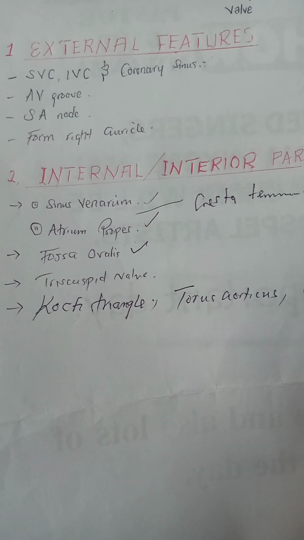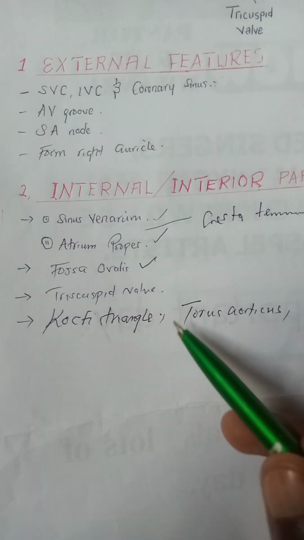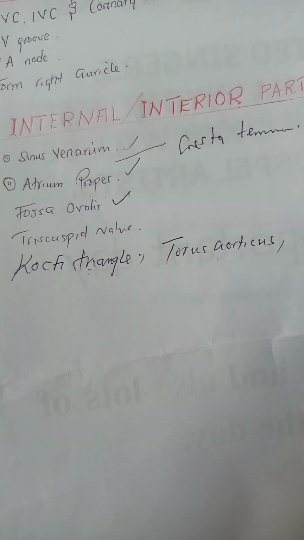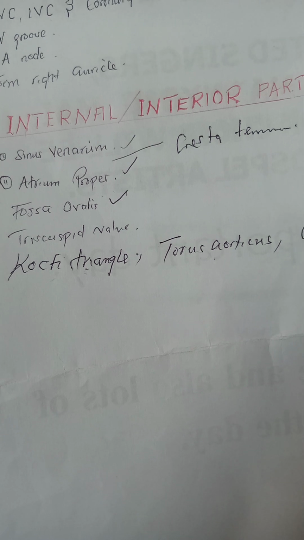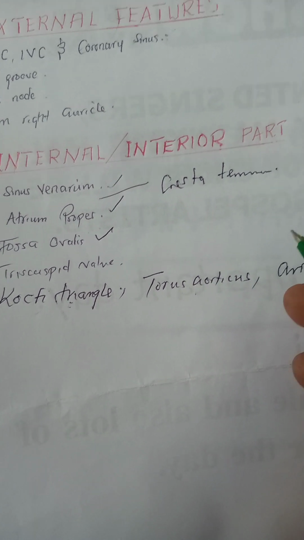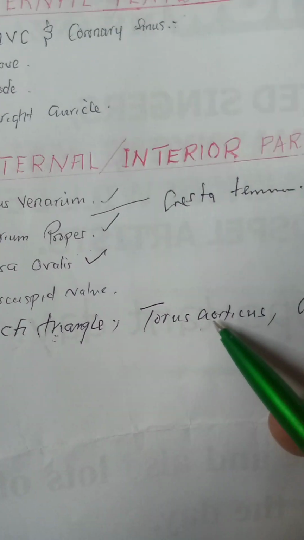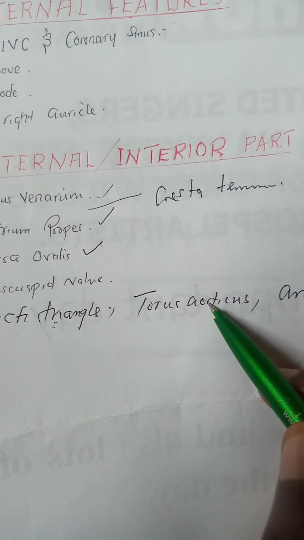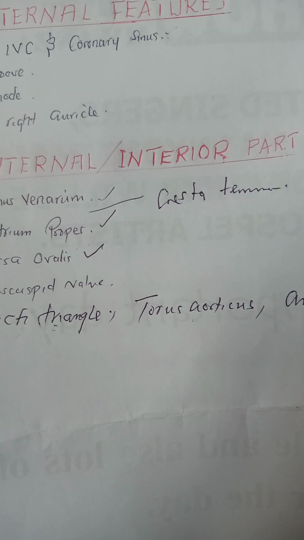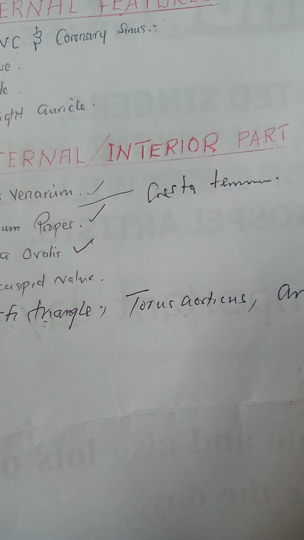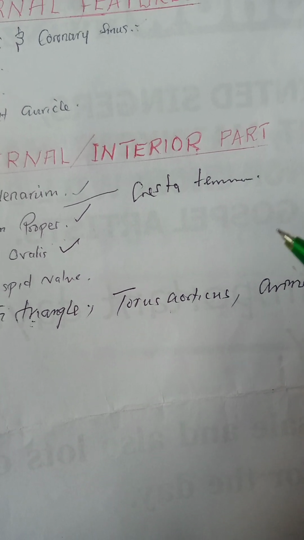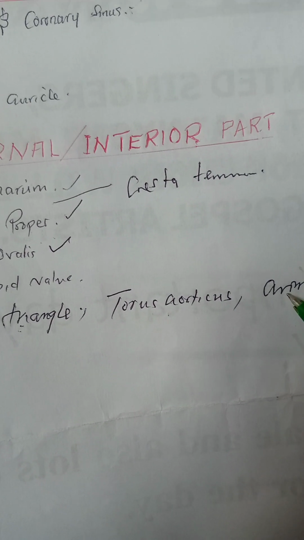If you want to know, the Koch triangle is just a landmark which is used to locate the AV node. The torus aorticus is just the deep part, it presents the deep and anterior surface of the posterior sinus.